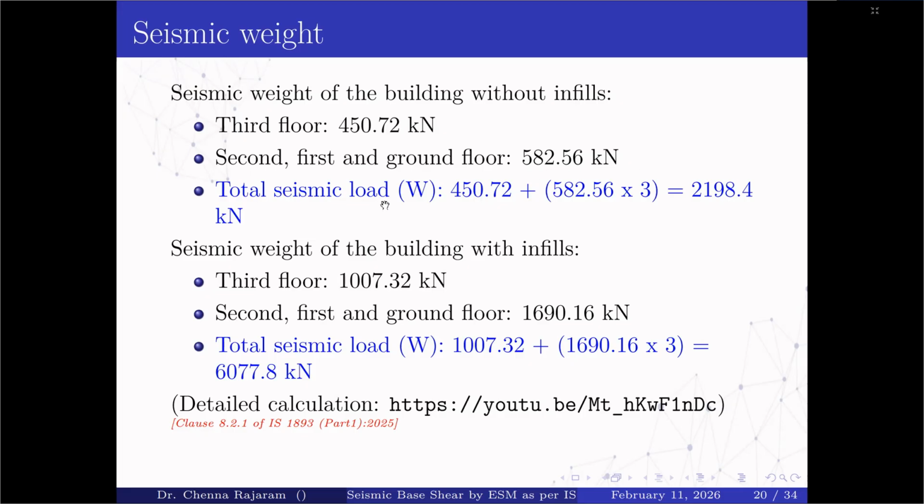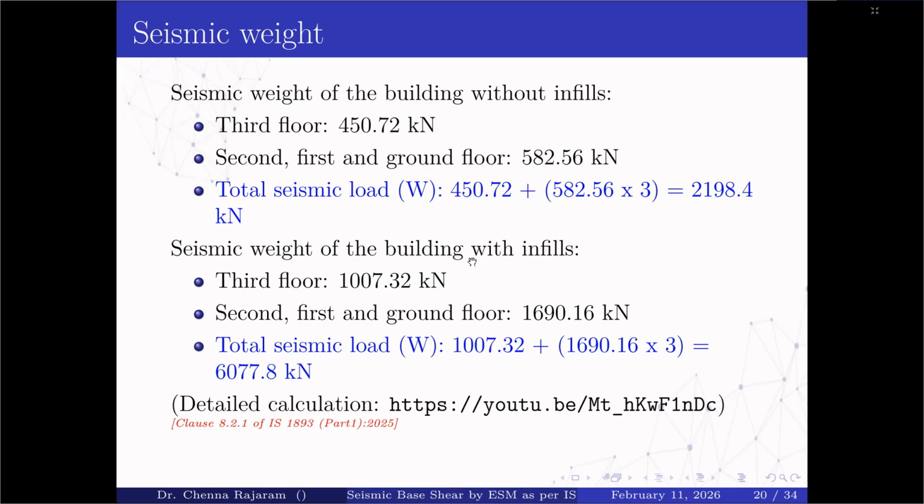Now, the total seismic weight W without infills is equal to 450.72, which is the third floor, plus the remaining second, first, and ground floors. The seismic weight is the same, that is 582.56 for the second floor, again 582.56 for the first floor, again 582.56 for the ground floor. That means multiply with 3. Then we get 2198.4 kilonewtons.